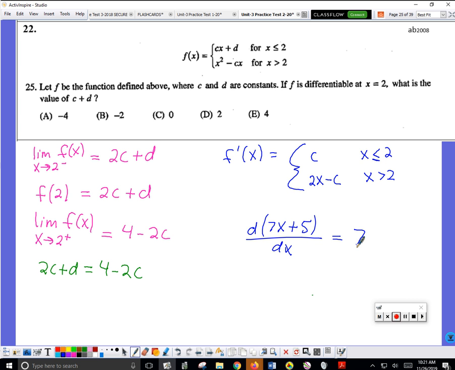How many knew it? 2 points, 3 for Sarah. This is no different. C is simply a constant. D is also a constant. So I just made up an example that fits. When I take the derivative of cx plus d, it's no different than taking the derivative of 7x plus 5. That's why the derivative was simply c.